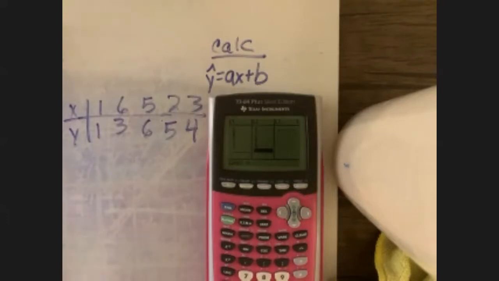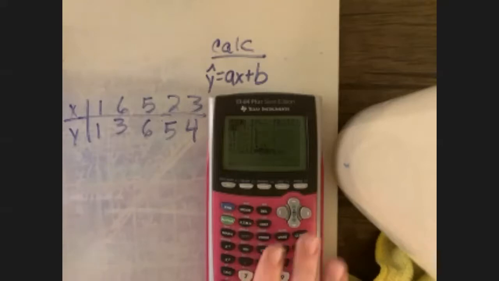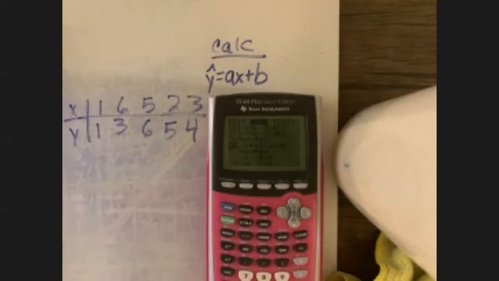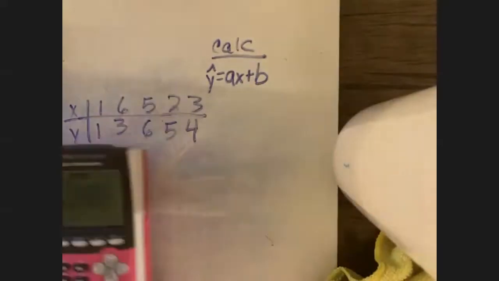Now, again, we're going to hit Stat. We're going to go over to Calc, and we're picking option 4. And again, for mine, I have to press Enter a bunch of times. Now, what's going to happen is, I'm going to move this over.